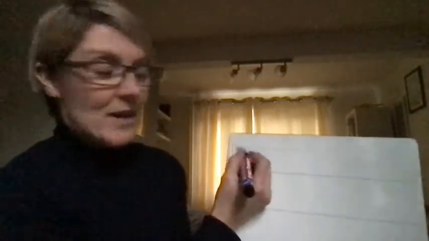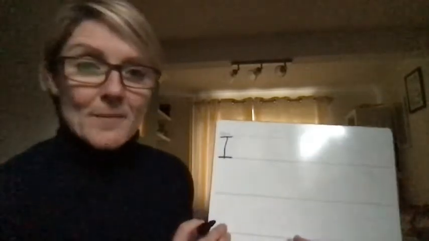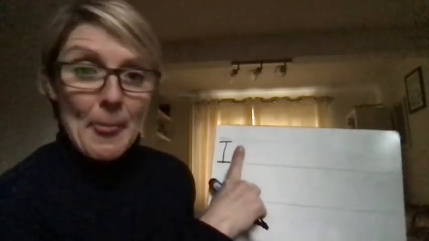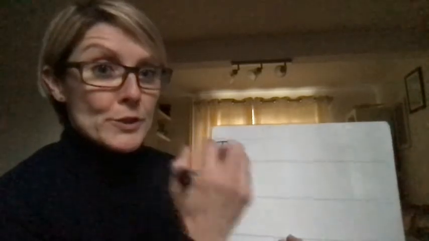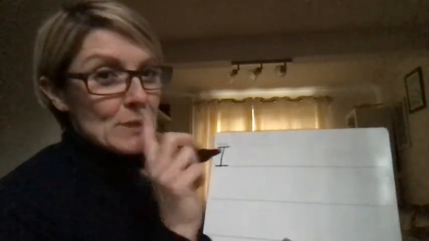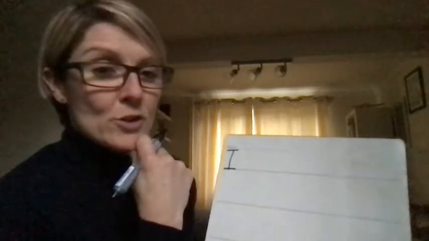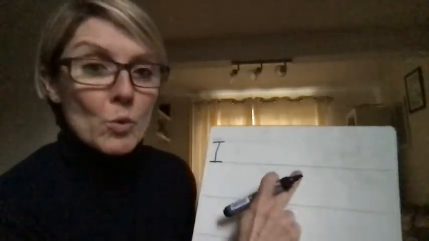So how do we write I? What do we have to leave in between our words? I would. Now we just spelt that with the tricky trigraph. Can you write that on your piece of paper for me, please? I would.